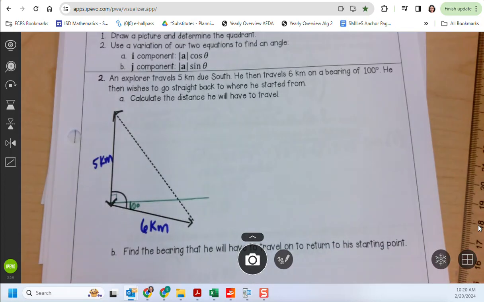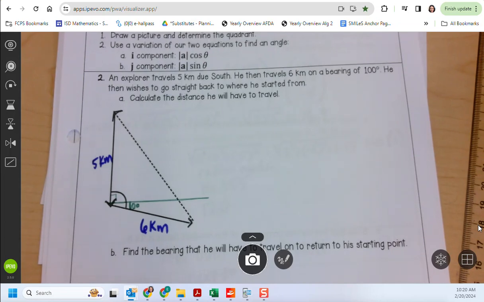And we can actually use law of cosines for this. Do you guys remember law of cosines? Most of you were here.